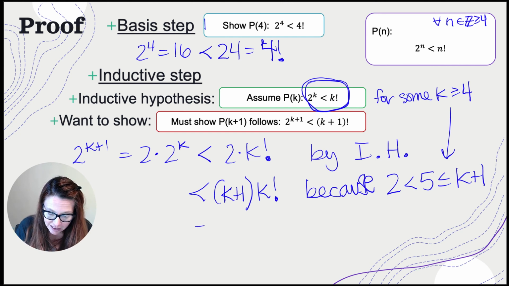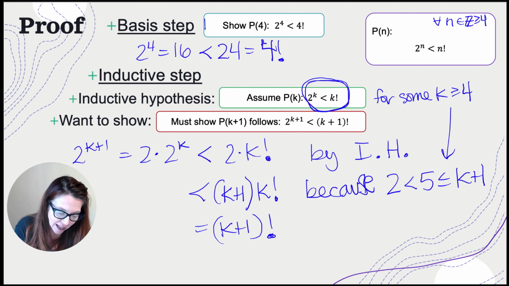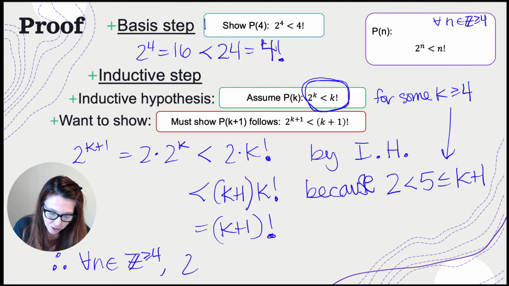Well, this is k plus 1 factorial. And that's all I need to show, that for all n in Z greater than or equal to 4, 2 to the n is less than n factorial by induction.